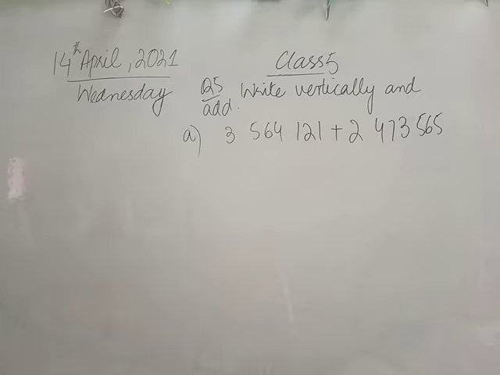Write the numbers into vertical form and then add. So what is vertically? Vertically, what does it mean, class? Column wise, and horizontal means row wise. Okay? Column wise is vertically and row wise is horizontally. So first of all we will write these numbers into vertical form.